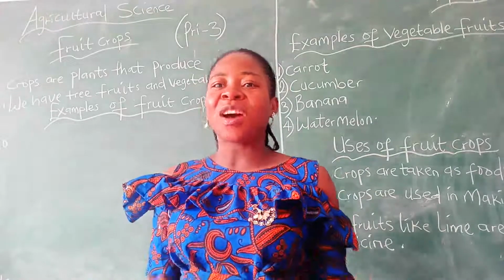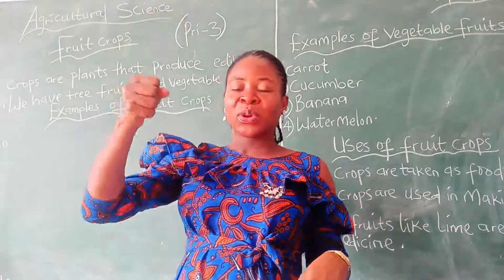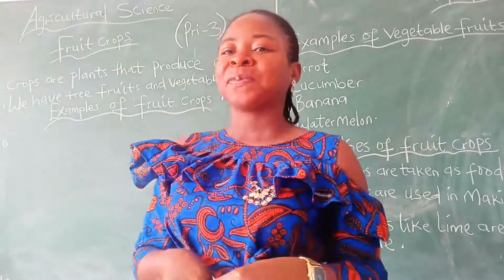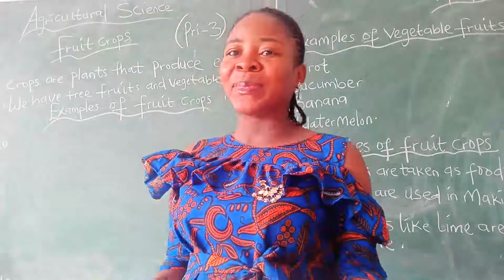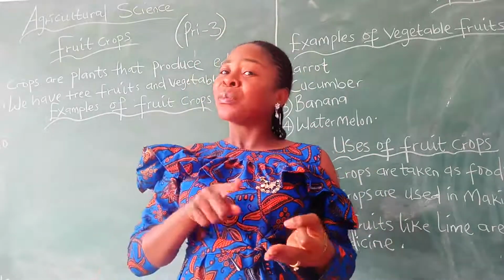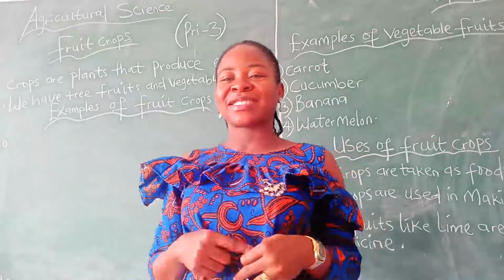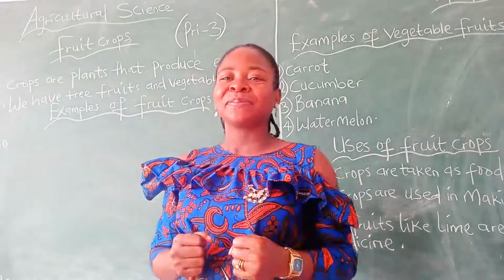They produce their fruits under. We cannot pluck their fruits from up. We can always bring them out from the ground. Their examples are cocoyam, yam, potatoes, cassava, and carrots. Yes, they are tuber crops.